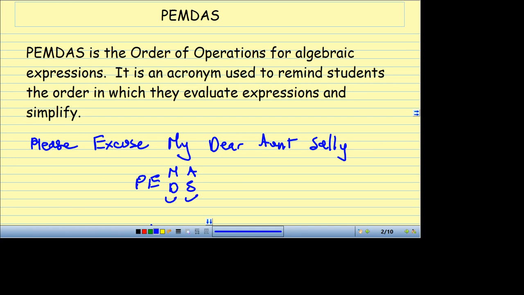Same thing with AS, it's its own step. This MD and this AS, they're kind of together. And we're going to talk more about that later. But this is a great way of remembering it. Have the M over the D and the A over the S, because that shows that it's one step. Otherwise, when you're reading PEMDAS, you're thinking multiplication first, then I do division. No, that's not the case. We'll talk more later.